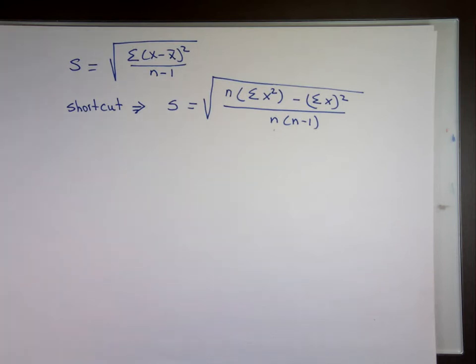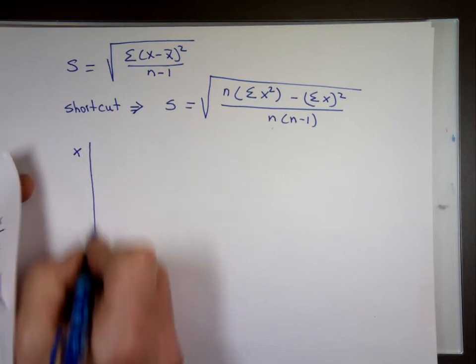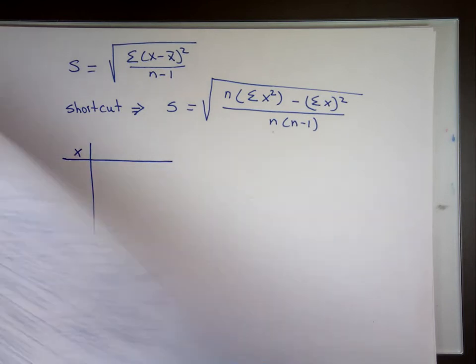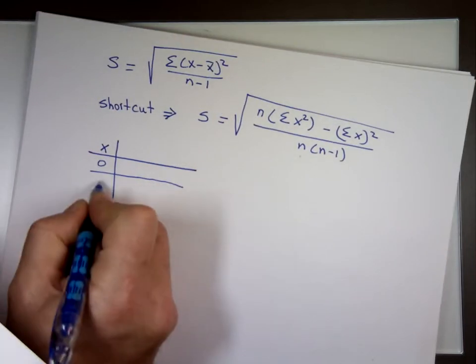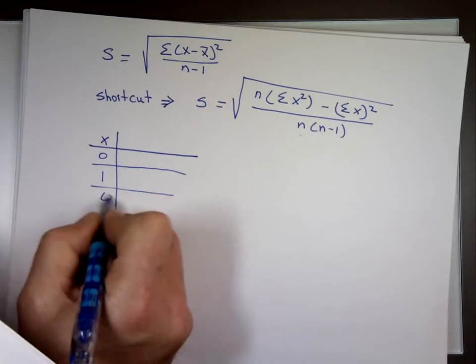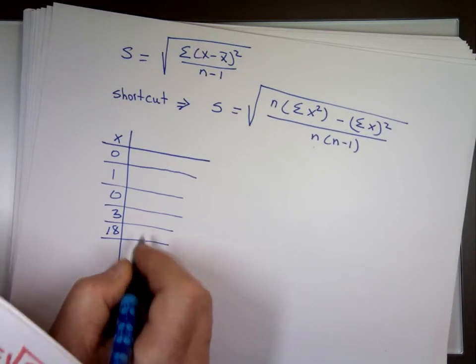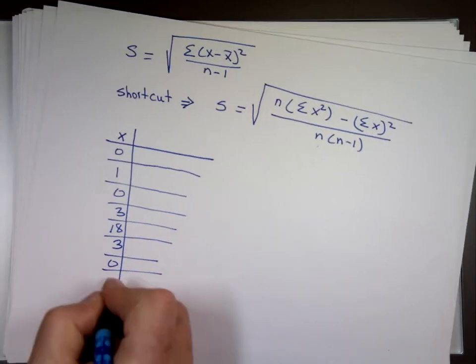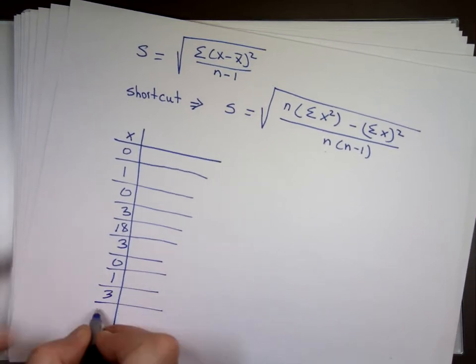So let's take the same values and do the same thing. Here's my column. I'm done with the table. 0, 1, 0, 3, 18, 3, 0, 1, 3, 4, and 8.